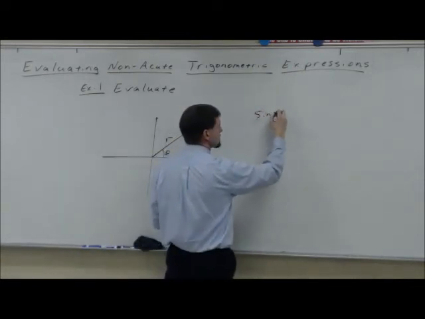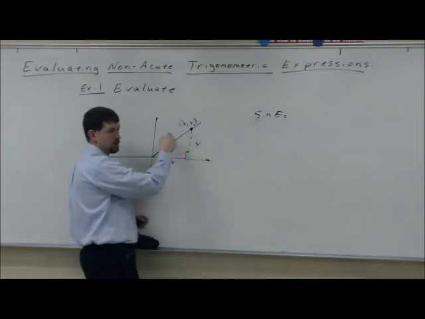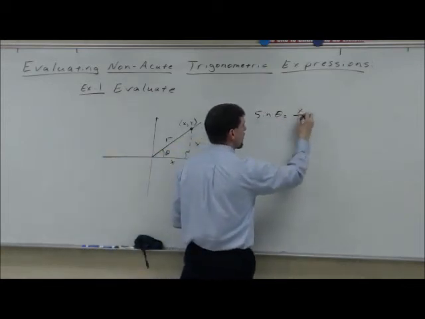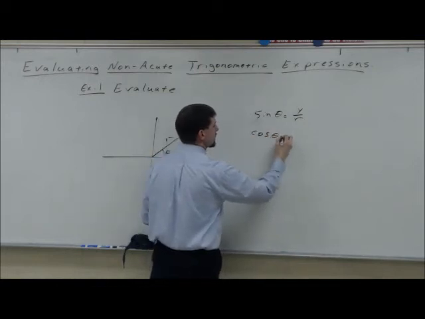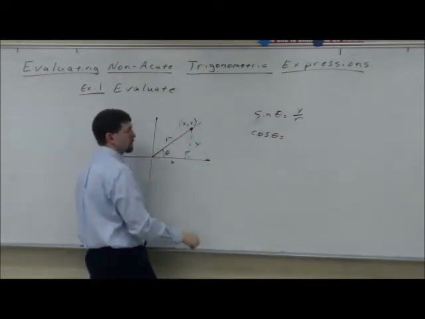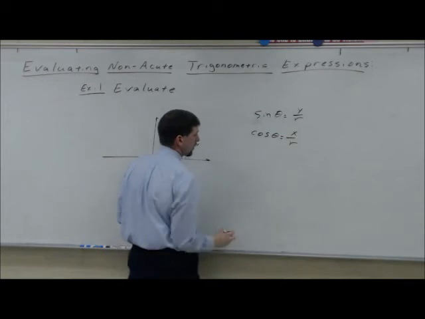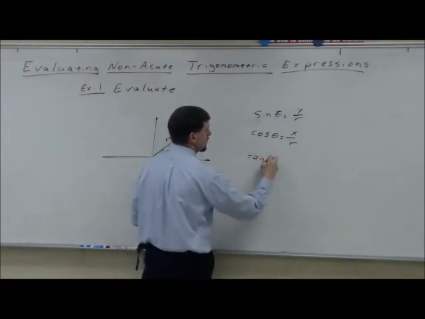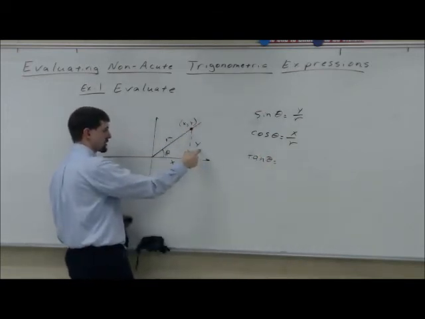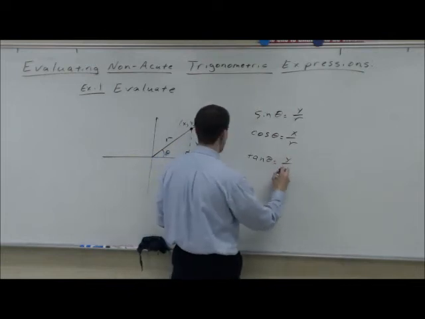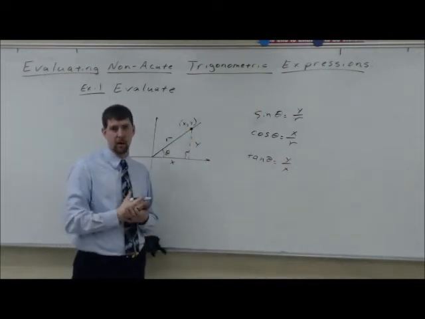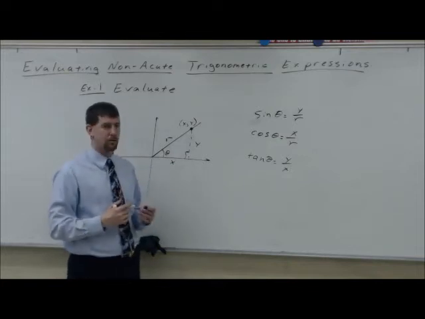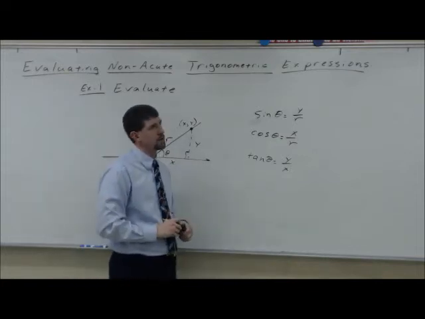Now, how that ties back in: once I've built this right triangle, I can use the idea that sine of theta is opposite over hypotenuse, which is y over r. Cosine of theta is adjacent over hypotenuse, that's x over r. Tangent of theta is opposite over adjacent, y over x. And our trig ratios would all fit the same way, including the reciprocal ratios that we had talked about before.